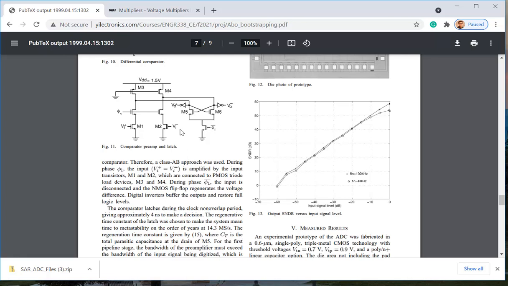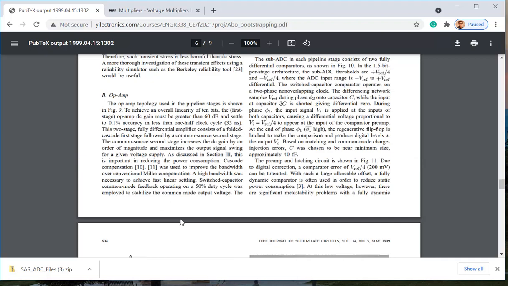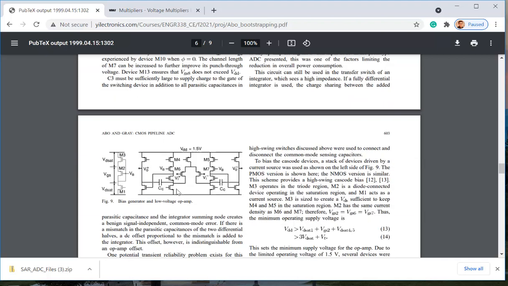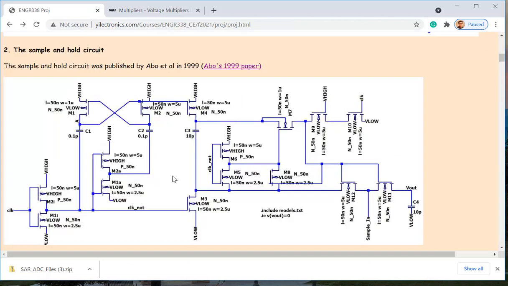So this one will probably work, even including the biasing circuit here. Anyway, you can read the paper for the explanation, but I'm going to explain it to you in a version that I think is better and more intuitive, since we studied the paper and digested it, and now I'm trying to tell you how that works.